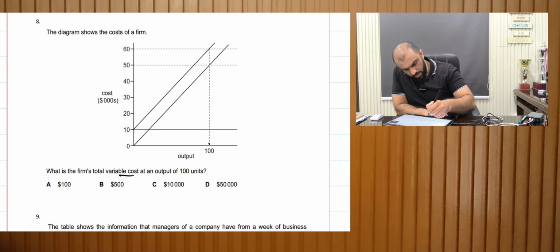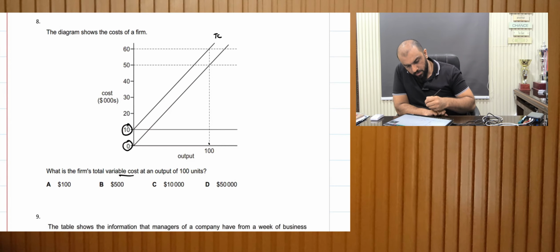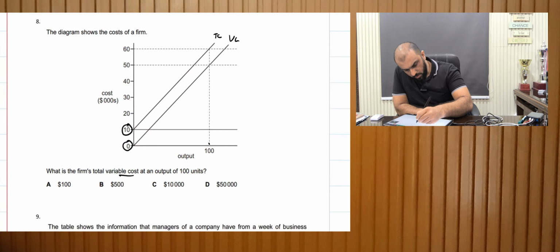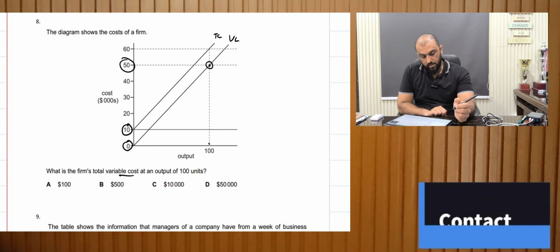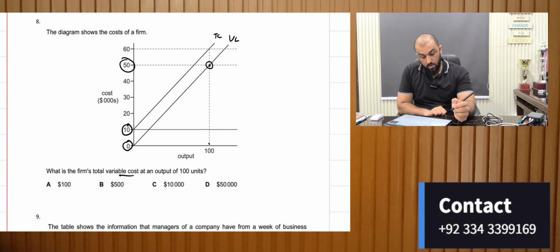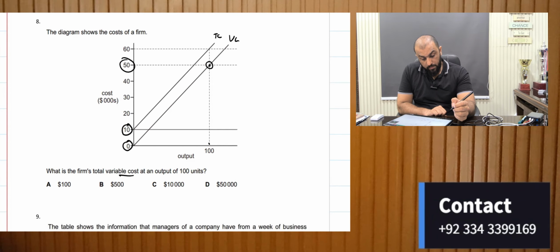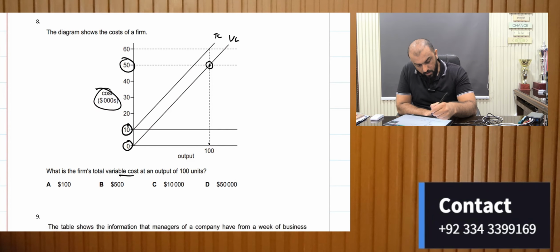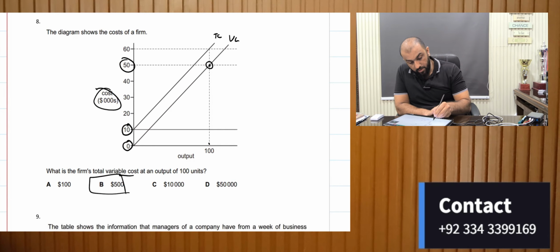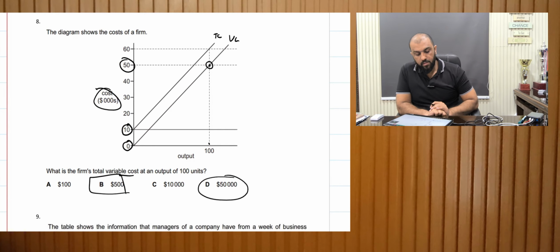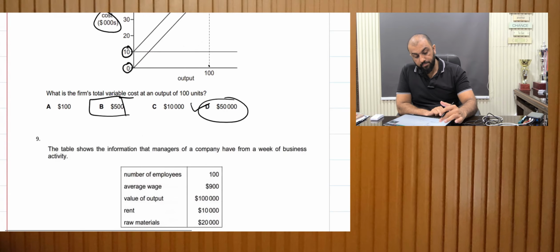So we know that this is my total cost because it starts from the fixed cost, and this starts from the origin. This is my variable cost. So at 100 units, at this point we get 50, and 50 is my right answer. Now it's 50,000 for 100 units. So it's not 500, it's 50,000, right? D is the right answer.